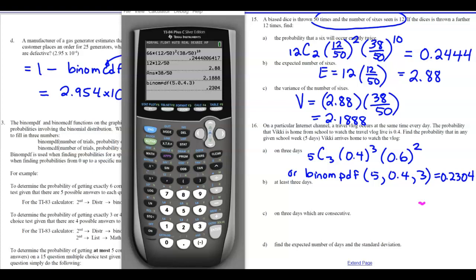You could go 3 days, 4 days, 5 days and add them together. You could do 1 minus cumulative up to 2 days. Whatever you like. That's a little bit faster, maybe.